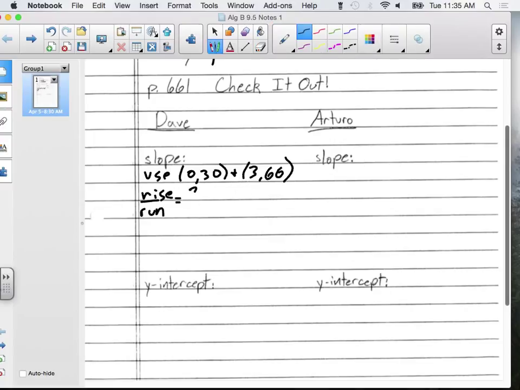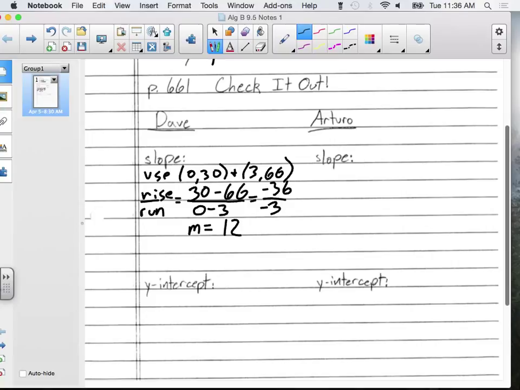Alright, so 30 minus 66, that would be upstairs. That's our difference in y. 0 minus 3 on bottom. So what is 30 minus 66? Negative 36. And what's 0 minus 3? Negative 3. So negative 36 divided by negative 3 is 12. So we just found our slope.